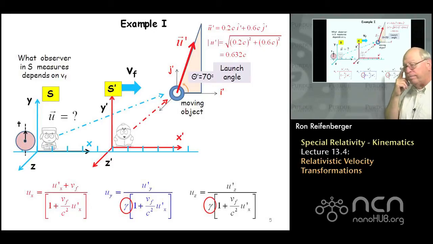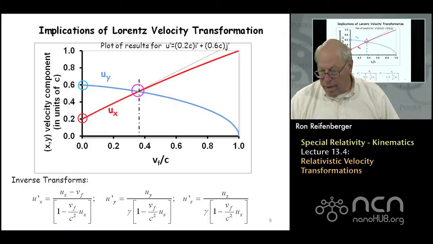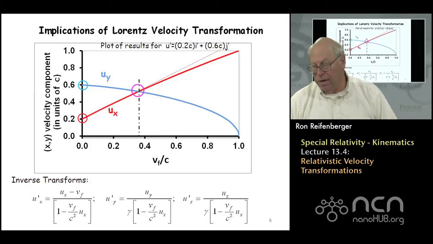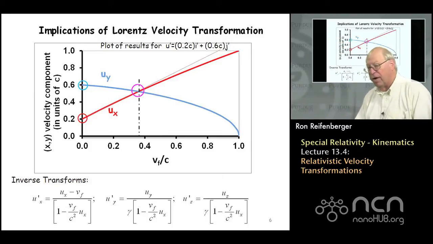Now, what would the observer in S measure, right? Well, the observer in S would have to calculate the velocity transformation of the components u sub x prime and u sub y prime using the equations that we've already derived in the previous slide. The answer is clearly going to depend on the velocity of the reference frame S prime.